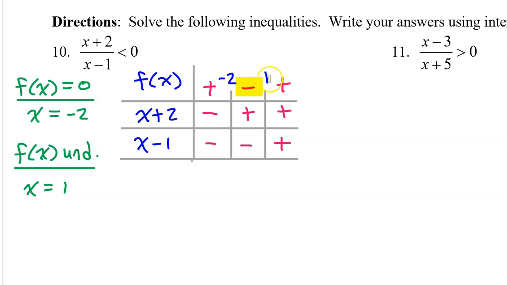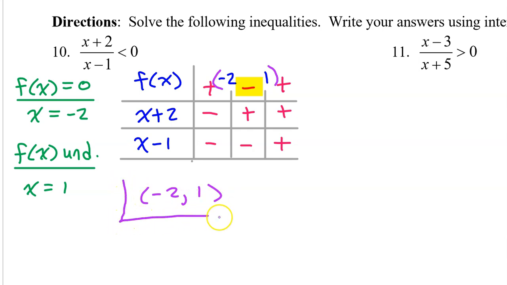Should we include the endpoints? Well, no. We are only looking for the values of x that cause f of x to be less than 0, not equal to 0, negative 2, and definitely not where it's undefined. So we will show that the endpoints are not to be included by using parentheses. So I'll write the actual solution down here, negative 2 to 1.